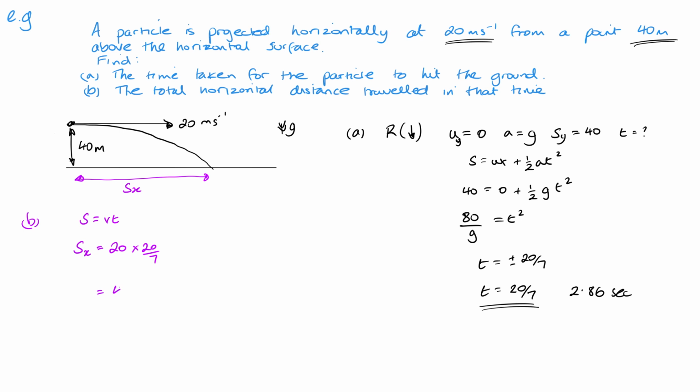So that will give me 400 over 7, or as a decimal, that will be 57.1 meters. Obviously this is 3 significant figures.